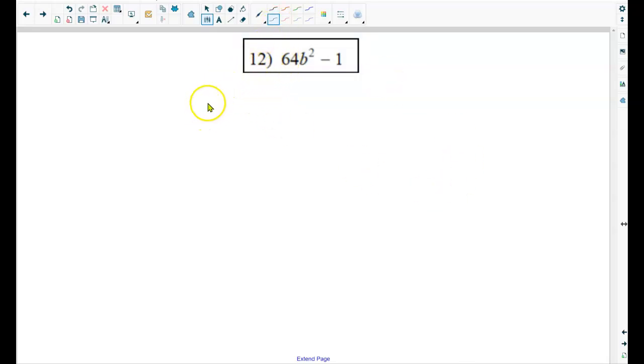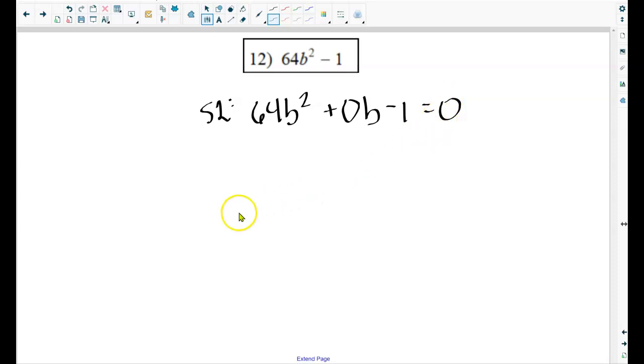Step 1, write the problem. Step 2, standard form. 64b squared. I don't have the term in the middle, so 0b minus 1. Step 3, GCF.